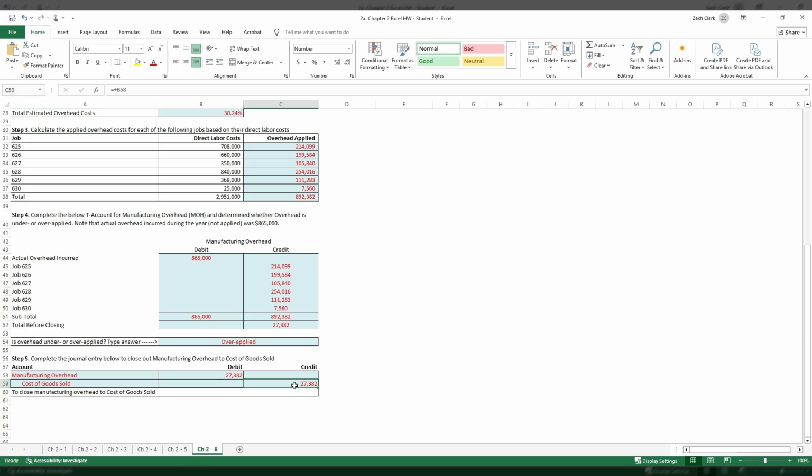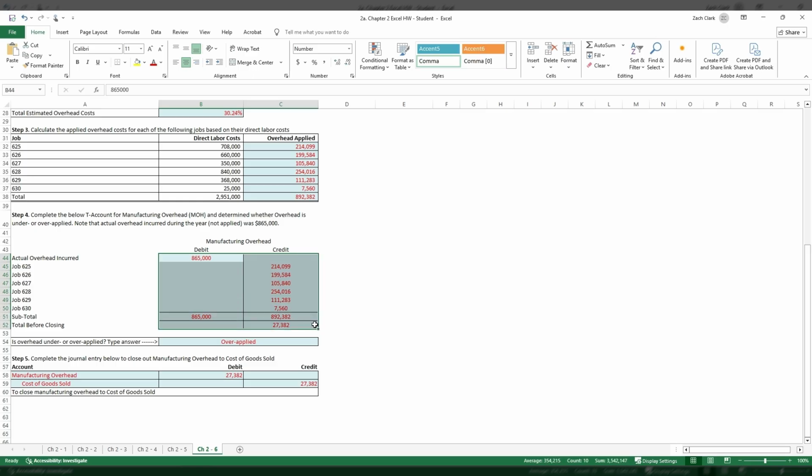If you remember your dead circle, expenses go up with debits and therefore they go down with credits. So in essence, what we're doing with this credit to cost of goods sold is reducing our cost of goods sold and thereby increasing our gross profit. Because cost of goods sold goes down, and sales revenue minus cost of goods sold is gross profit, if cost of goods sold is decreasing, we're making more profit, which is really what's happened.